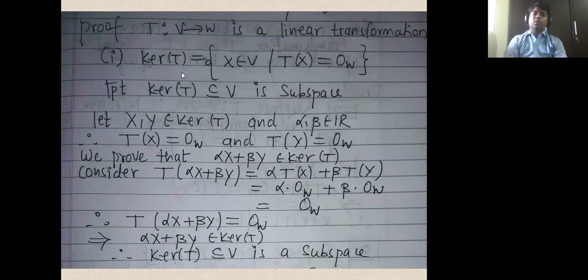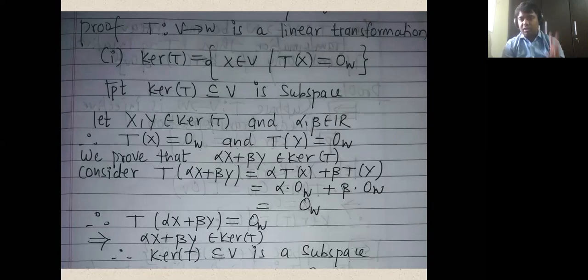Given that T from V to W is a linear transformation, point number one, we will prove it. Kernel T equal to the collection of vectors in the domain, x belongs to V, such that T of x is equal to 0 in the codomain. That is our definition of kernel. To prove that kernel is a subspace, we'll apply definition number 3 of subspace.